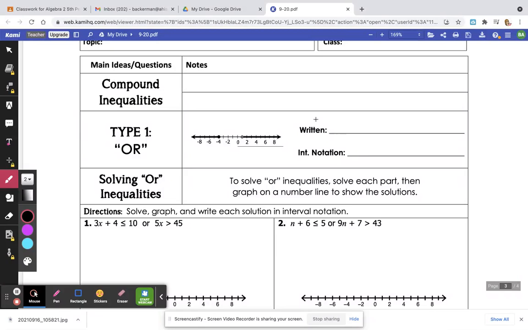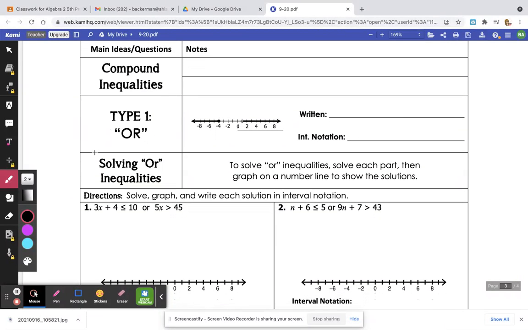So compound inequalities are when there's going to be more than one, okay? And so if we look at this first type, type 1 is an OR situation. And so it's an OR situation because they're not overlapping. So you'll notice that there's this blank spot in between the two, okay?